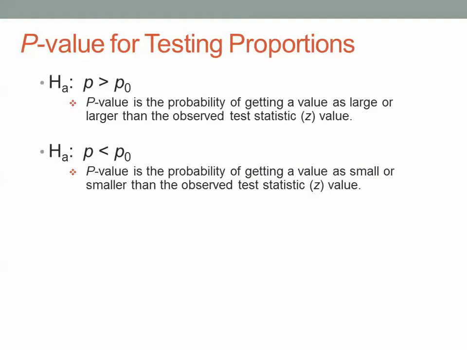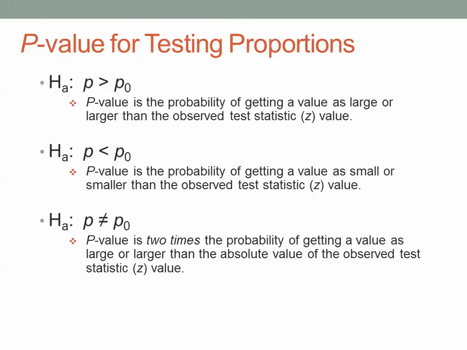On the other hand, if it's a left-tailed, one-sided hypothesis test, then we're looking at the probability of getting a value as small or smaller than that observed test statistic. And if it's two-sided, then we have to look in both tails.